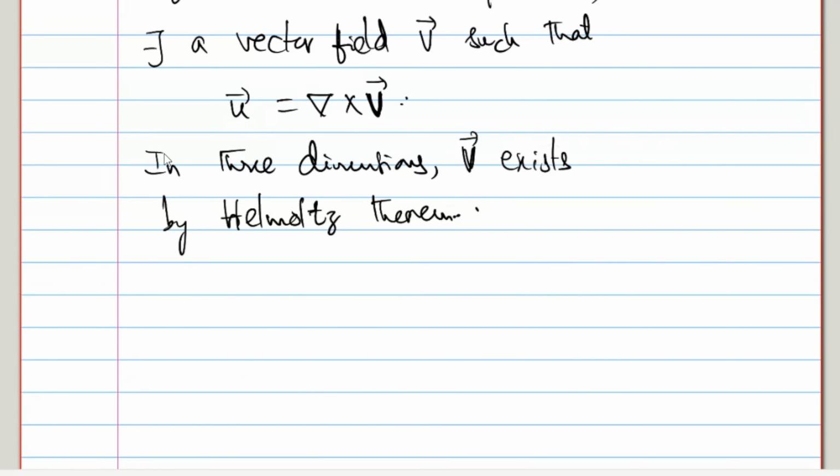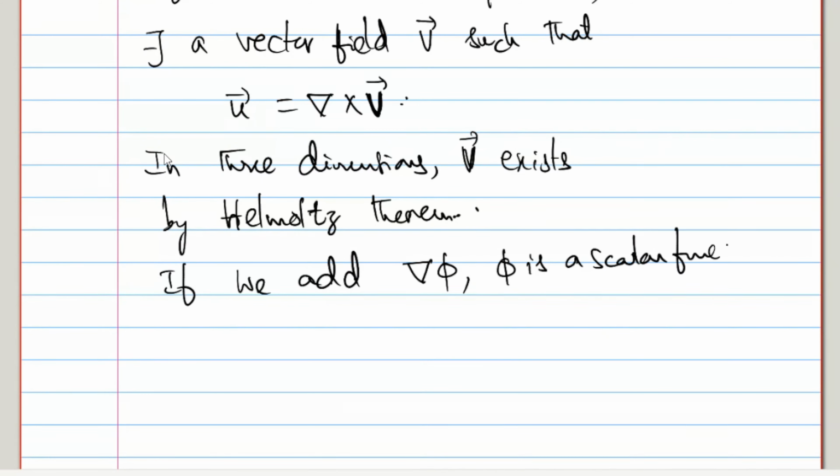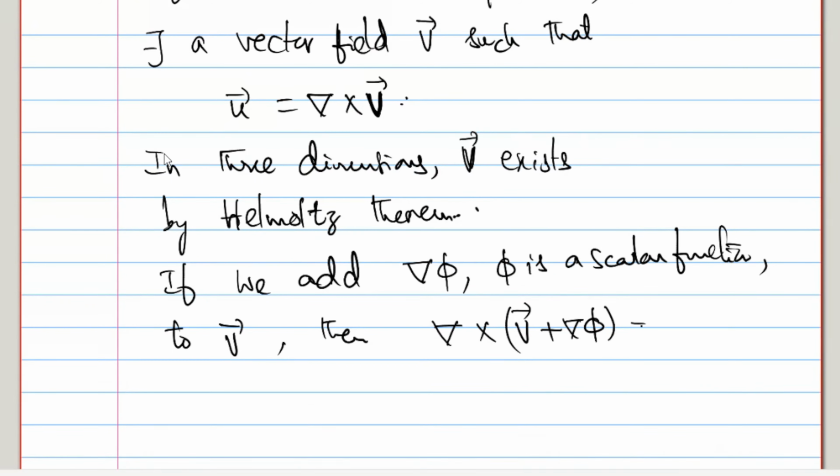So if we add any gradient of a scalar function phi, where phi is scalar, to V, then still del cross of V plus grad phi is actually del cross V only, right?